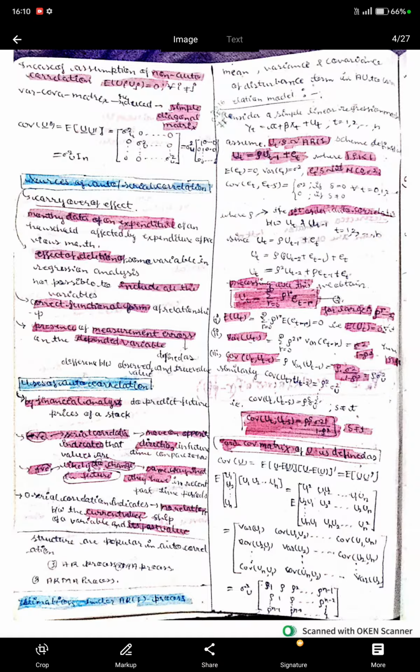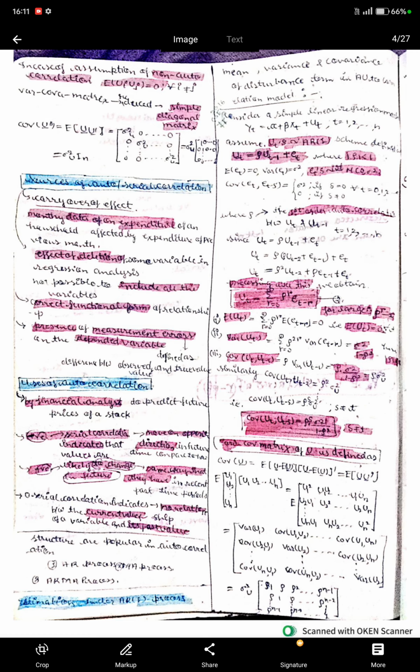Sources of autocorrelation or serial correlation. First, carryover of effect: monthly data on expenditure of a household is affected by expenditure of the previous month. Second, the effect of deletion of some variable in the regression analysis, when it is not possible to include all the variables.